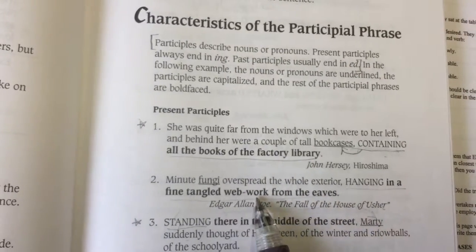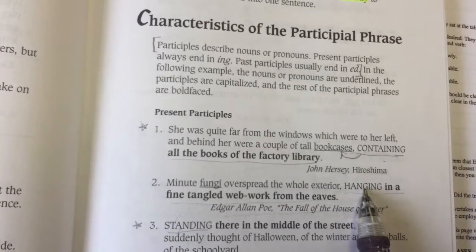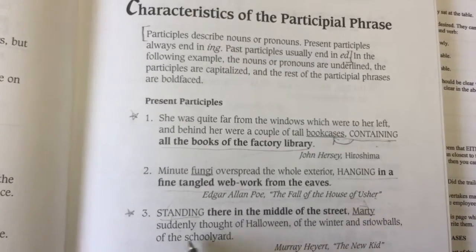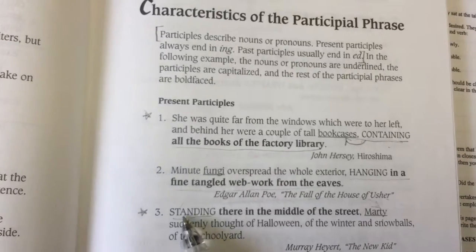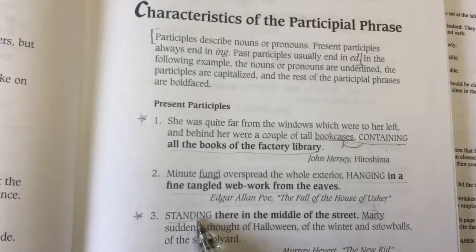Hanging in a fine tangled webwork from the eaves is the participial phrase. Hanging is the participle. Standing there in the middle of the street, Marty suddenly thought of Halloween, of the winter and snowballs of the schoolyard. Standing there in the middle of the street is the participial phrase. That is the participle, right?